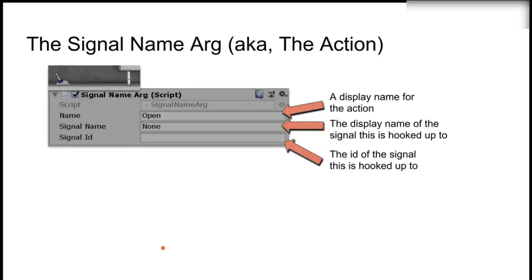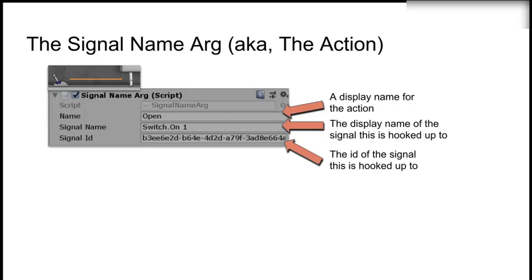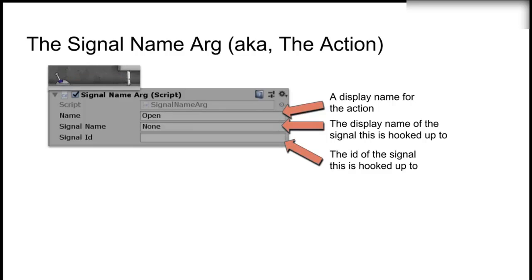On the other side, the signal name, which is kind of a misnomer, is the action itself. This has a display name, which is open, and then it has two fields which are a little bit duplicitous. They're kind of representing the same thing: the display name of the signal that you're hooked up to and the ID of the signal that the action is hooked up to. In this first image, the switch is not connected to the door yet.